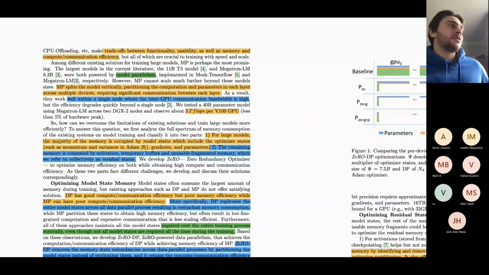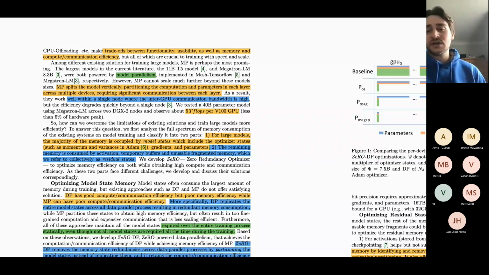Model parallelism, also called MP, splits the model vertically, partitioning the computation and parameters in each layer across multiple devices, requiring significant communication between each layer. Essentially, if you have a model with 10 layers and you have 10 GPUs, you might put one layer on each GPU and just pass the results from one to another.